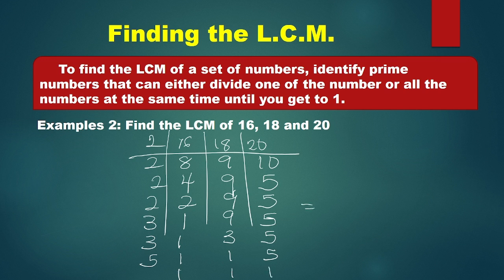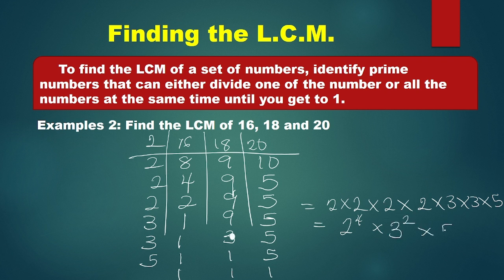So my LCM will simply be 2 multiplied by 2 multiplied by 2 multiplied by 2 multiplied by 3 multiplied by 3 multiplied by 5, which, in index form, will be 2 raised to the power of 4 multiplied by 3 raised to the power of 2 multiplied by 5.